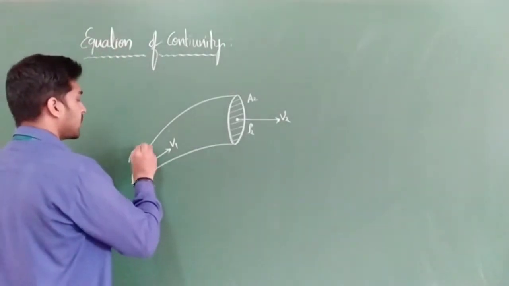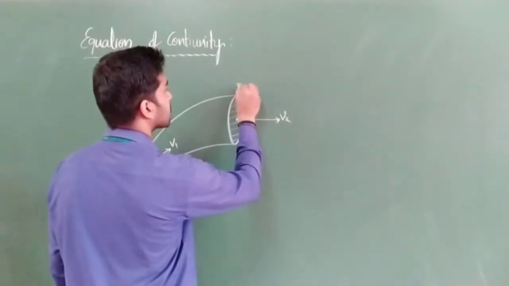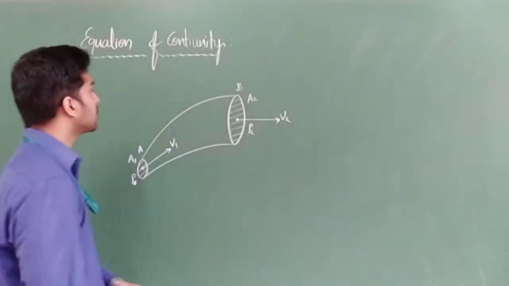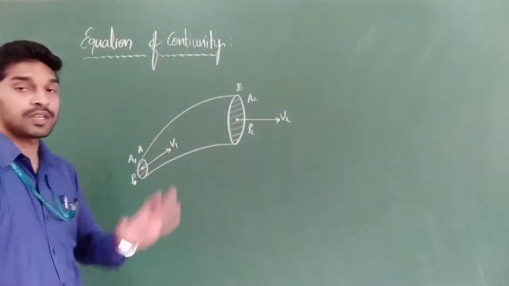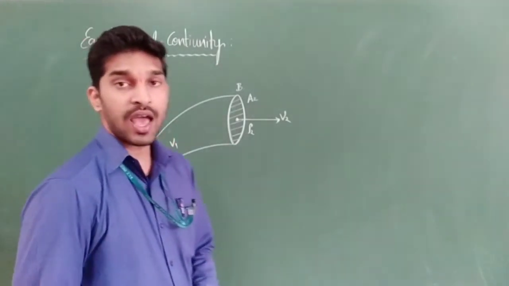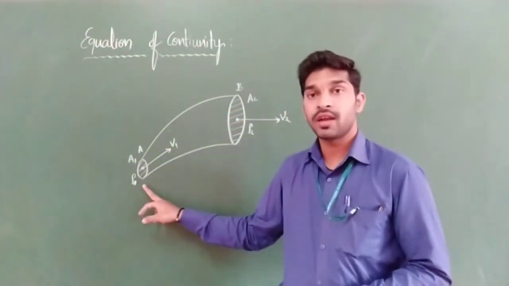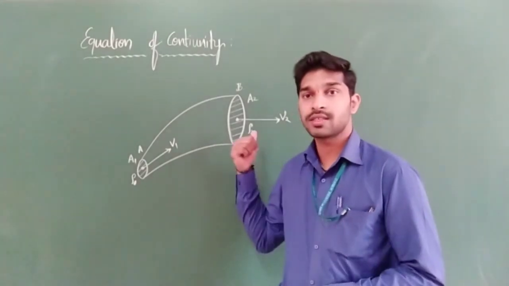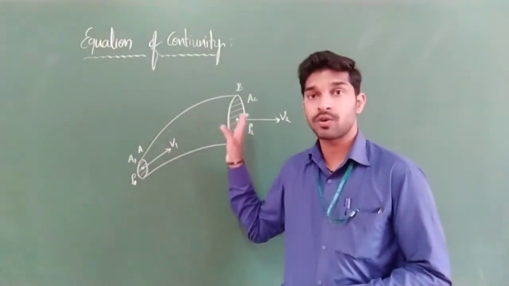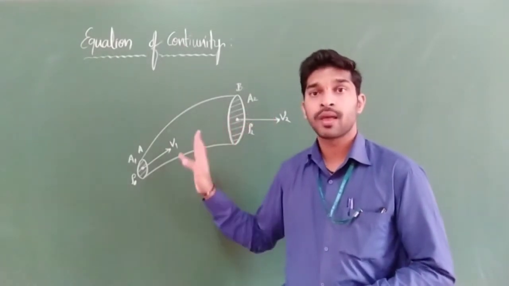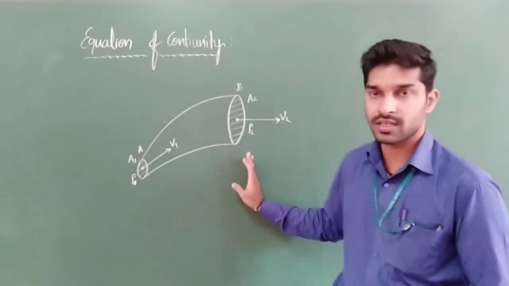Next, let us call this end as end A, and this end as end B. Clear? I hope you are getting it. So we are considering a pipe which has a different cross-sectional area at one end, A1, and at the other end, A2. At this point velocity of the particle is v1, at this point v2, and here we are considering density as rho1, here density as rho2.